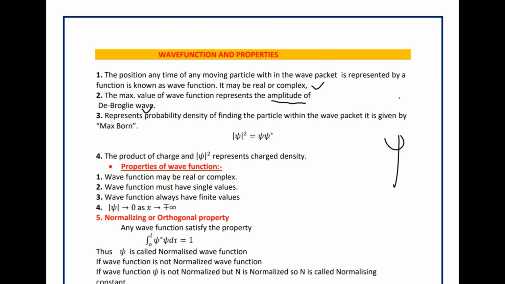If we multiply the wave function with its conjugate psi star, it is represented by psi mod square, and it represents the probability density of finding the particle within the wave packet. So psi mod square represents the probability density of the particle.